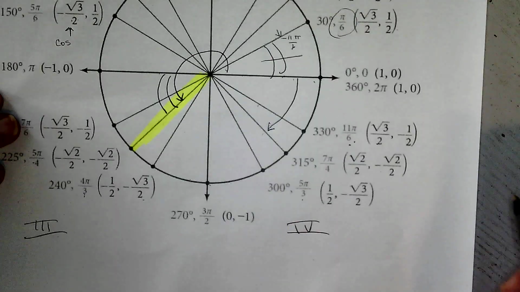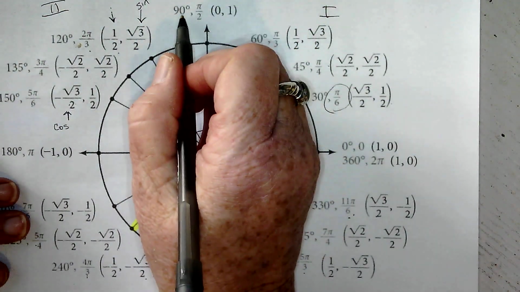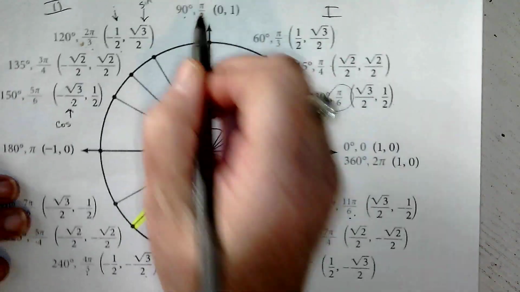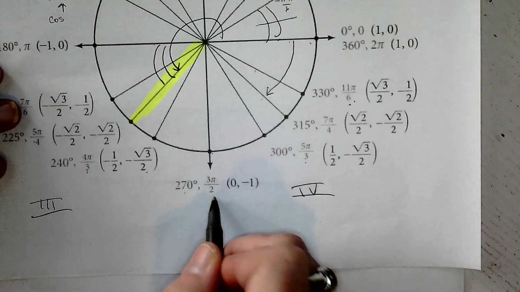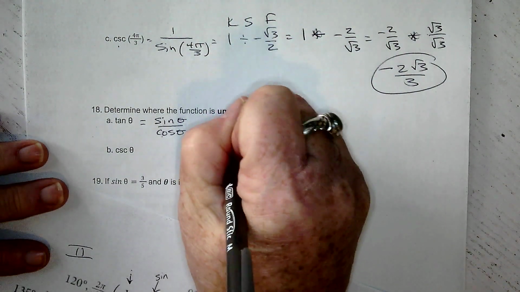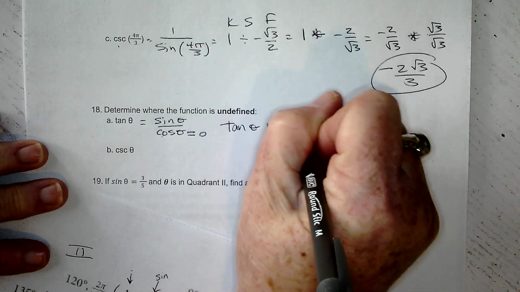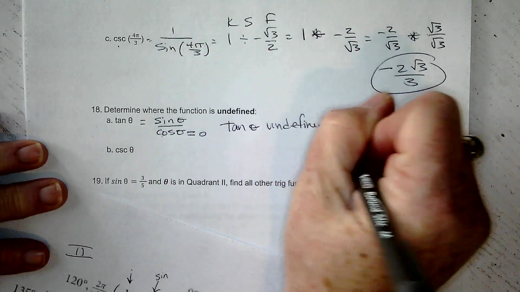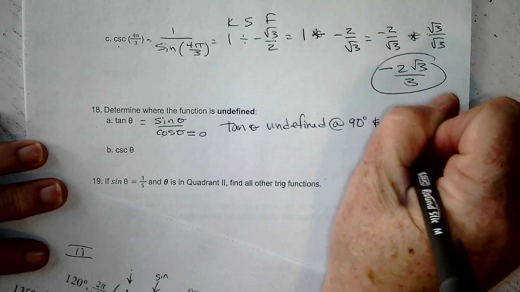That means your x value for your ordered pair is 0. Well, it happens at 90 degrees or pi over 2, and it also happens at 270 degrees, 3 pi over 2. So tangent is undefined at 90 degrees, I'm just going to use degrees, and 270 degrees.